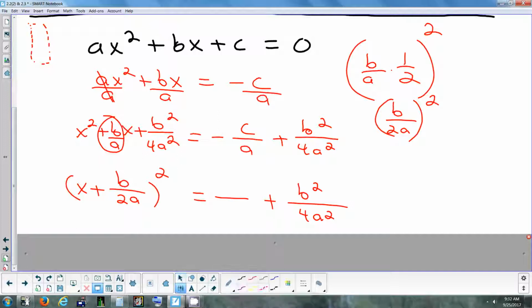But what would I have to multiply the top and the bottom by to make the denominator match 4a squared? Jane? 4a. All right, so I'm going to put 4a and a 4a.